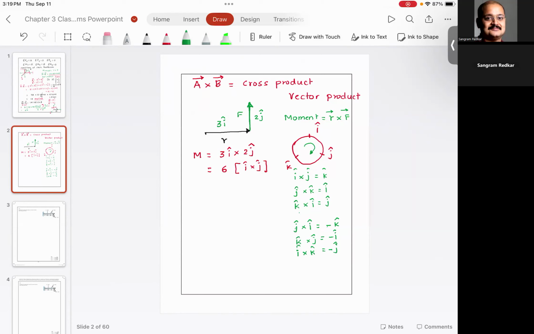If you are going in the same direction as the circle of vectors, I cross J is K, J cross K is I, K cross I is J. If you go in the opposite direction, this is what you get.